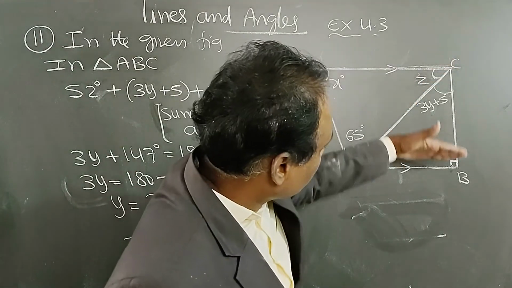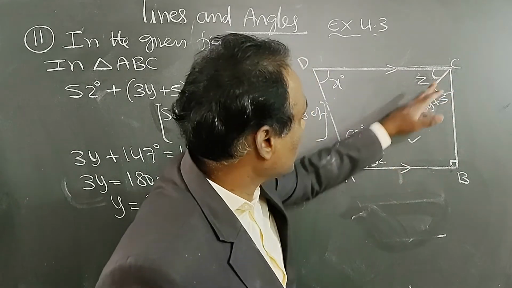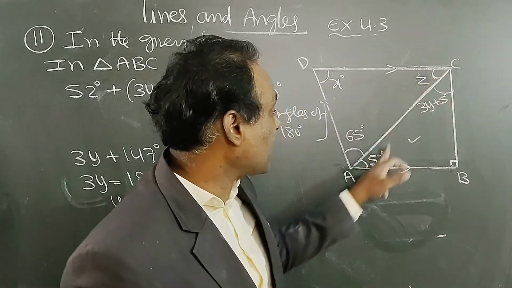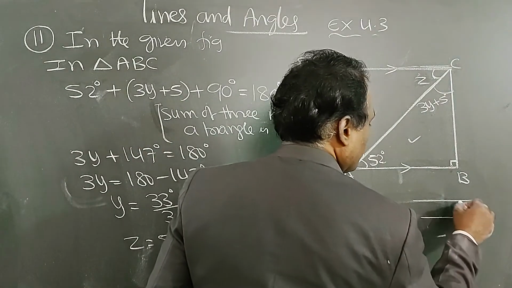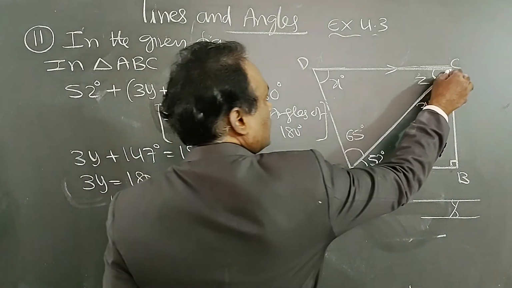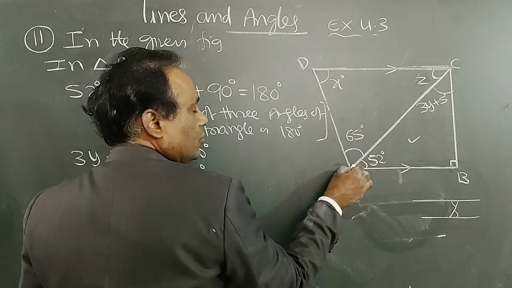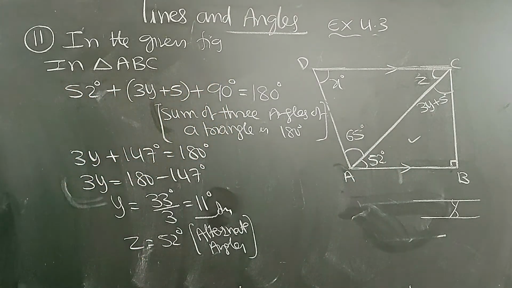If two lines are parallel and there is a transversal, and both angles are interior and on opposite sides, they are called alternate angles. This angle is equal to this angle. So this 52 is equal to this Z. Z is equal to 52, alternate angles.